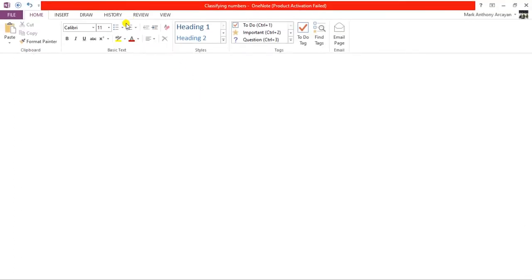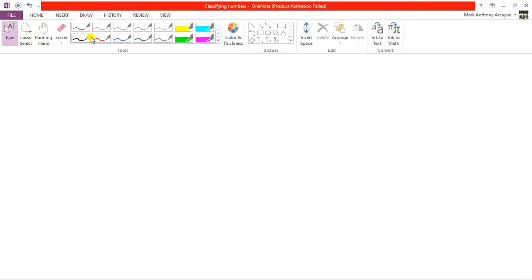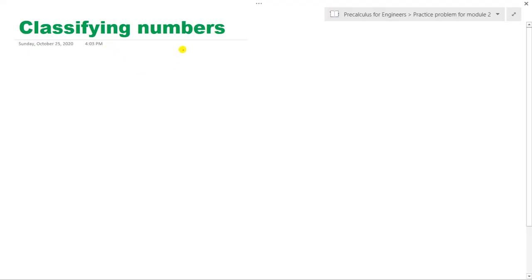So in classifying numbers again, please remember what are real and rational numbers, natural numbers, whole numbers, etc. So just remember those, and I will highlight this like this: pi, Euler number e, even 1/2 of pi, or negative pi.